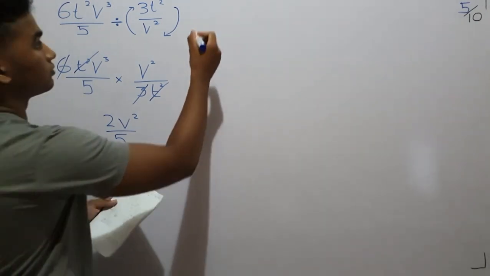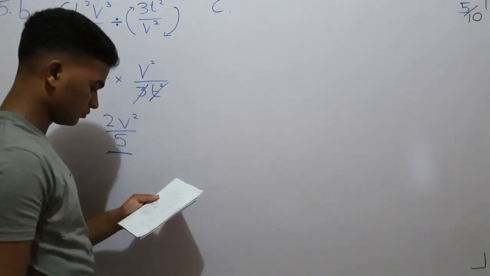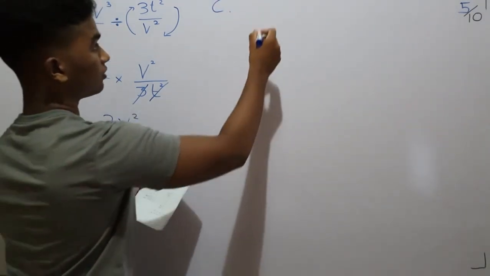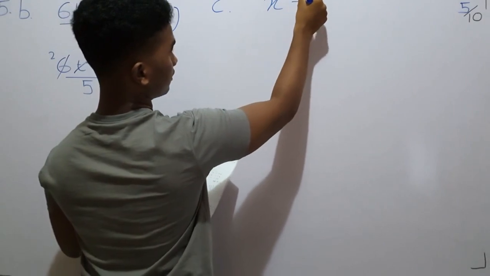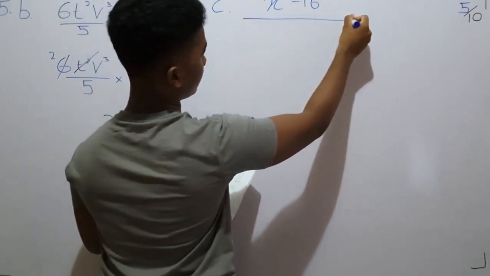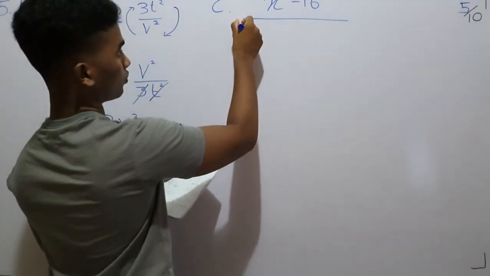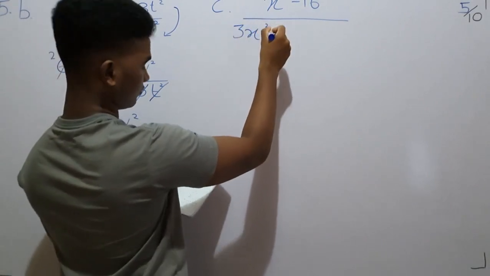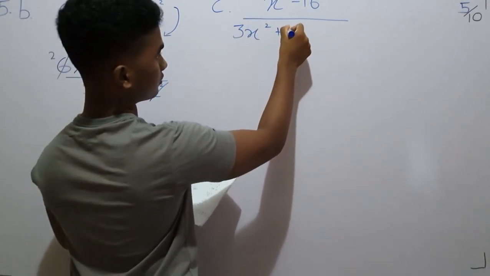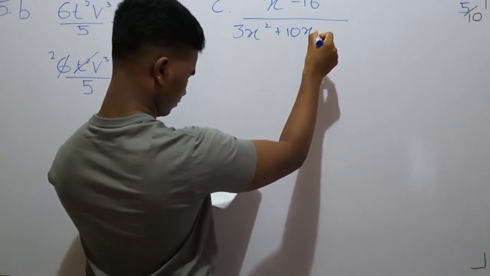Part C. Simplify x square minus 16, whole thing divided by 3x square plus 10x minus 8.